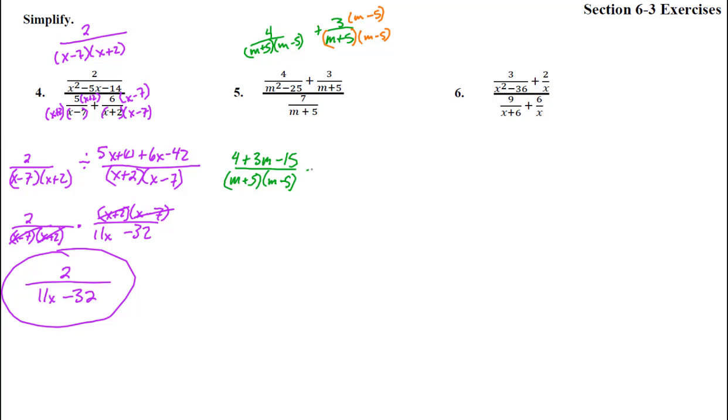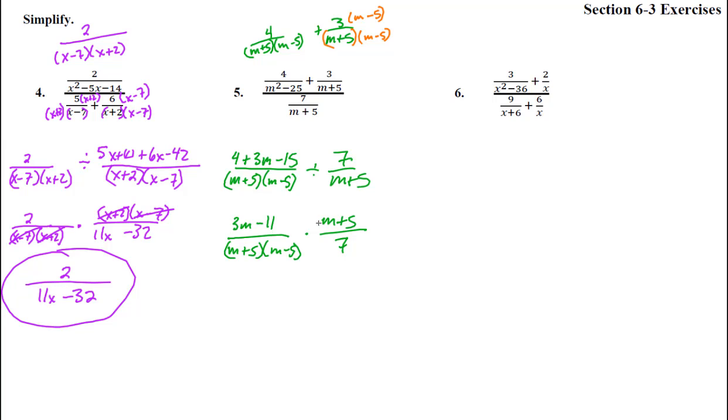We are dividing by 7 over m plus 5, which means we have 3m minus 11 over m plus 5 times m minus 5 times m plus 5 on top over 7. So keep this one, change this to multiplication, and flip this guy. That's how we divide fractions, is multiply by the reciprocal.